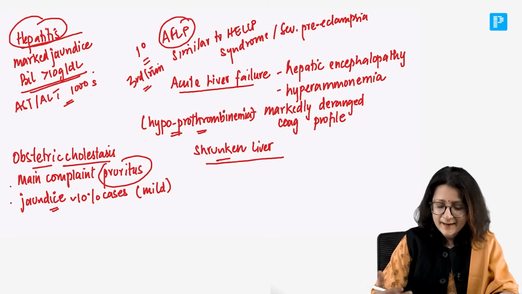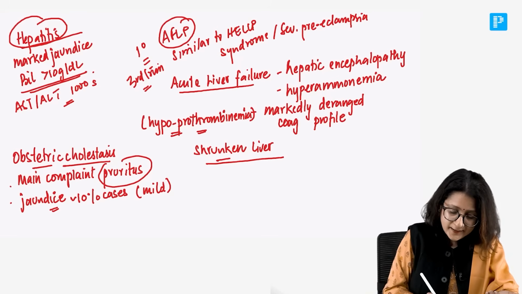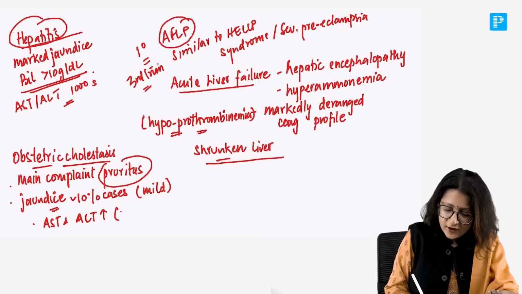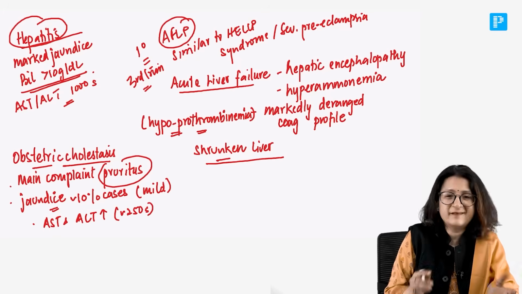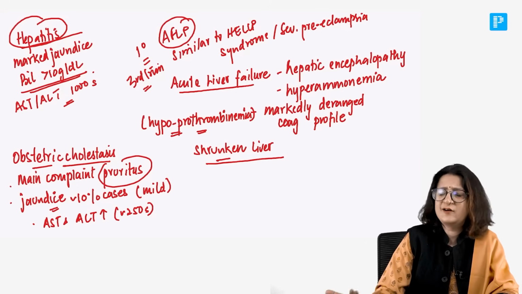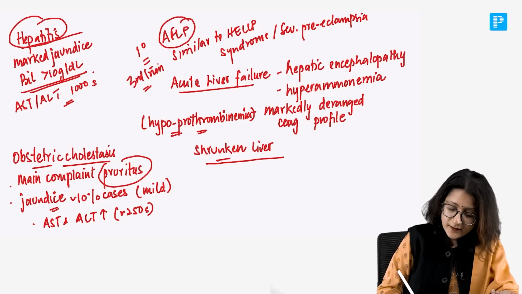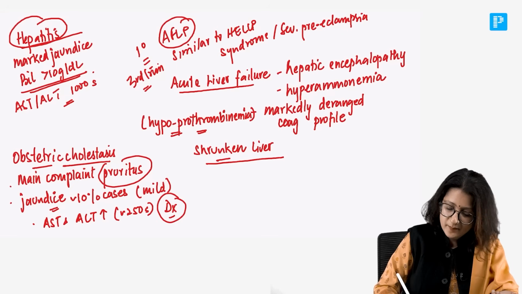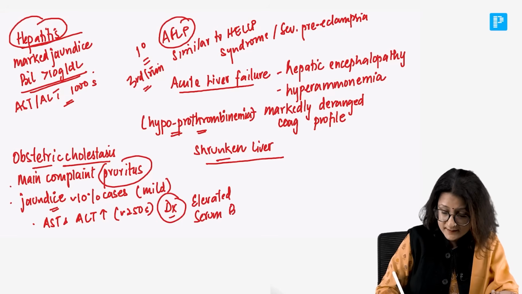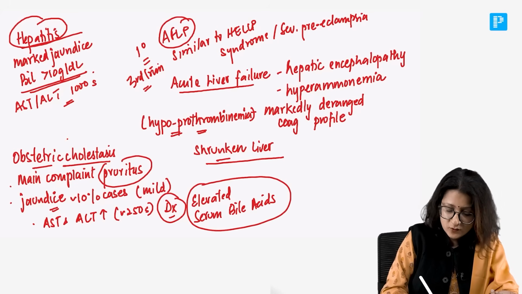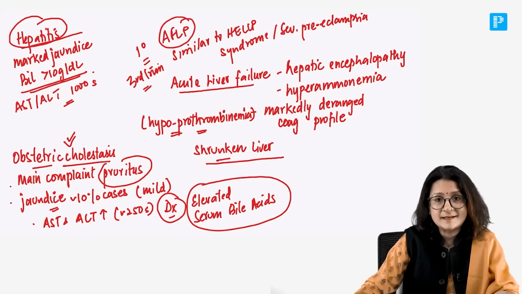AST and ALT enzymes are elevated, usually in the range of 200s to 250s, generally not more than that. And the important thing is diagnosis is made by elevated serum bile acids. So if serum bile acids are elevated, then we make the diagnosis of obstetric cholestasis, right?